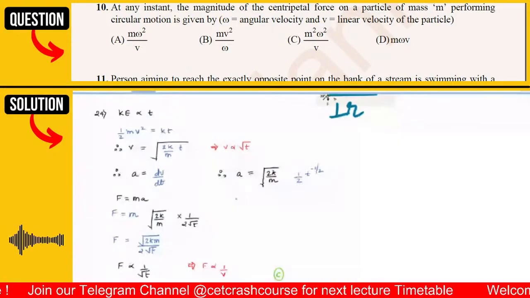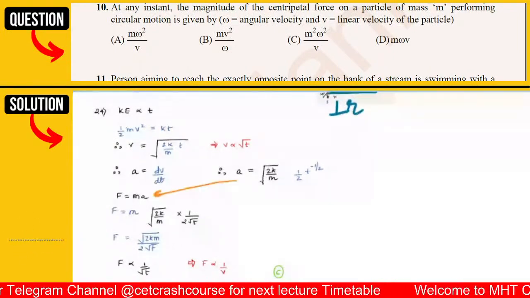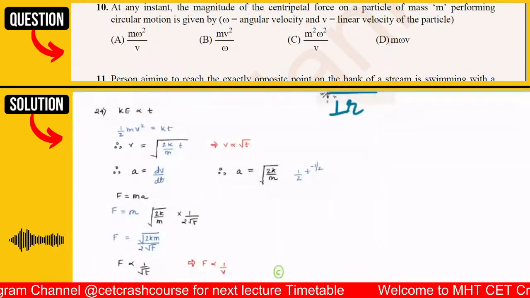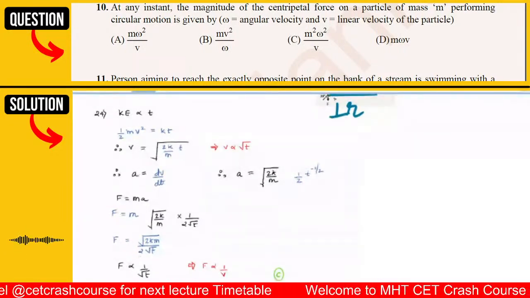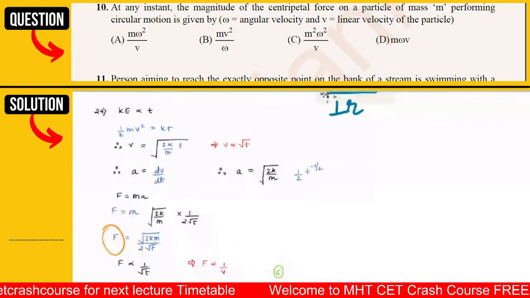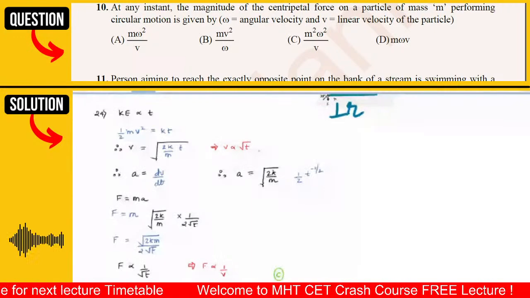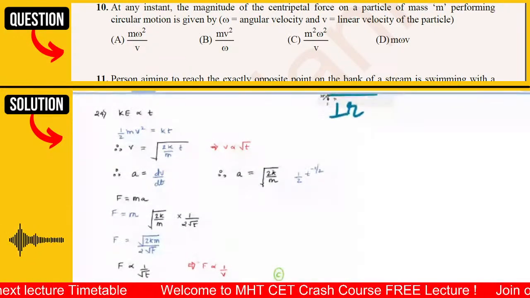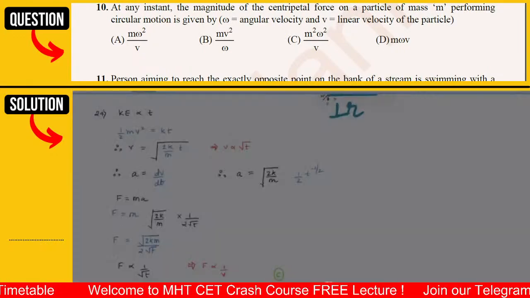We found the derivative and substituted that in the F equals ma formula. After rearrangement, we get F is inversely proportional to root t. And if you recall, just now I said that root t is nothing but v. So we get F is inversely proportional to v. Answer is option C.